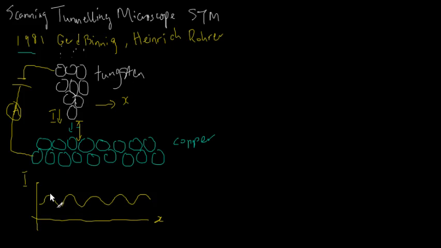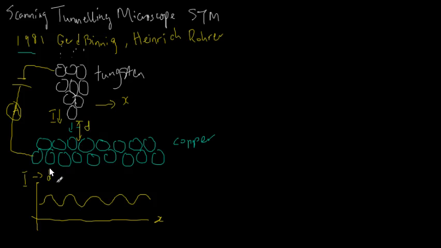So this current would depend on the spacing between here. When the spacing is bigger, we get less current. When the spacing is smaller, we get more current. And the current can be directly related to the spacing by a formula, which I'll talk about afterwards. So therefore, from the current, we can calculate the distance between tip and the surface.